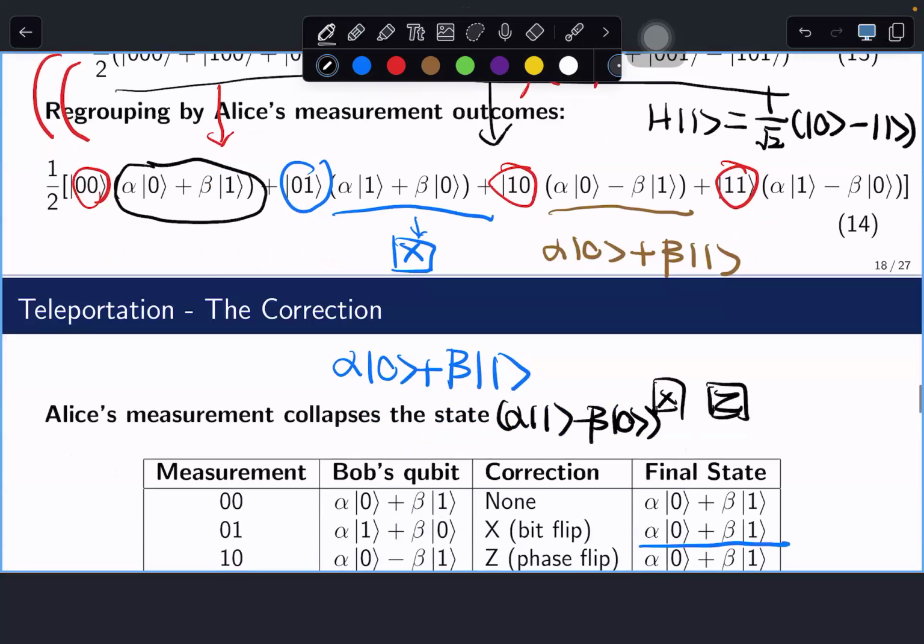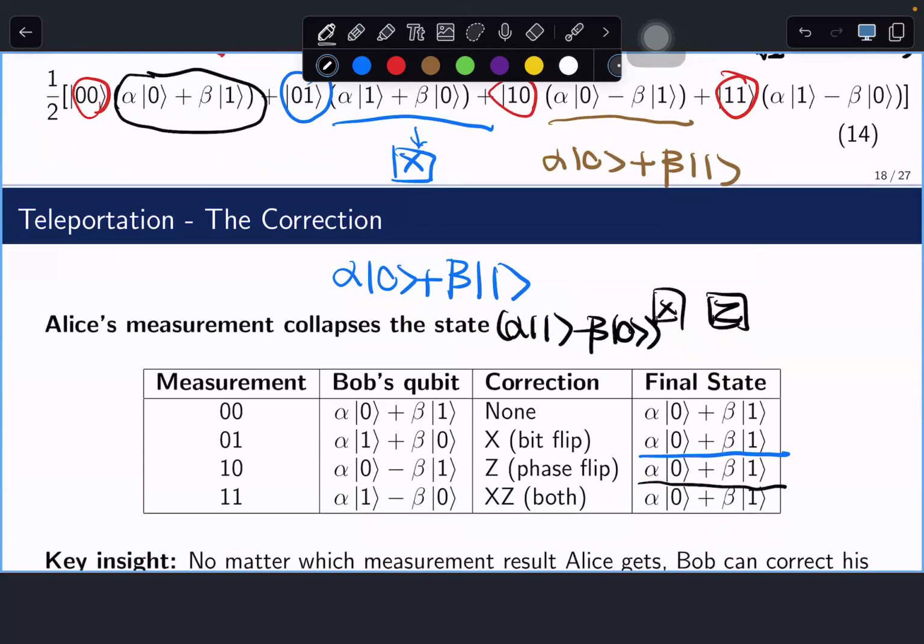We first apply the X gate. So alpha |1> will become alpha |0>, and beta |0> will become beta |1>. So that's the first step. The second step is that we apply a Z gate.